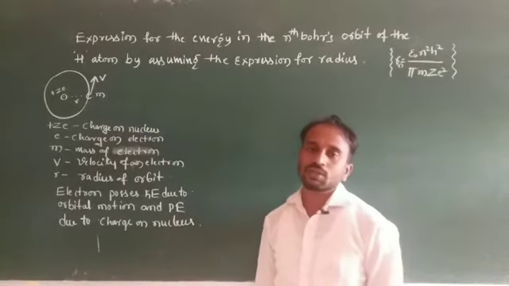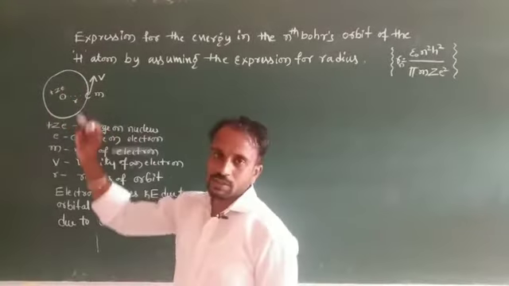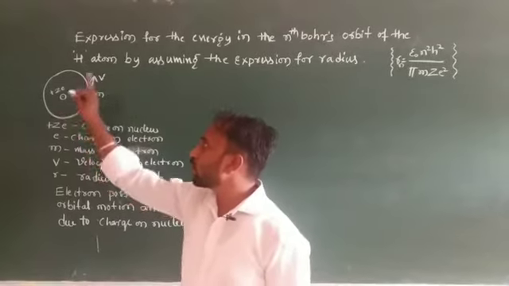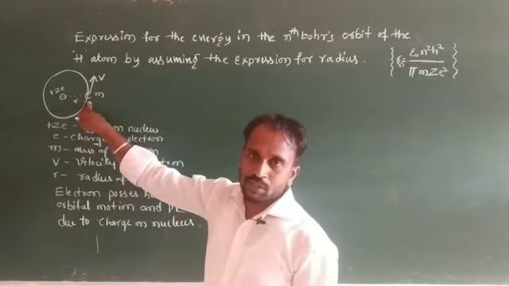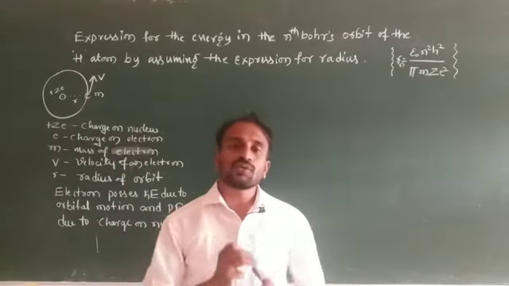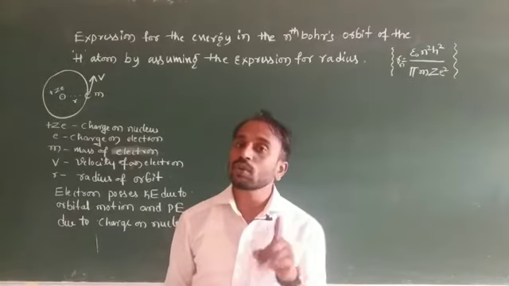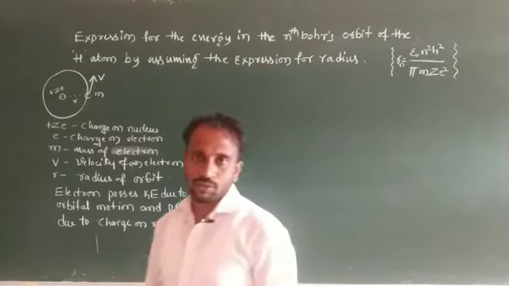Here we get an electrostatic force, because we consider two charges. The electron revolves around the nucleus because it requires a centripetal force. This centripetal force is provided by the electrostatic force, which is nothing but the Coulomb force.